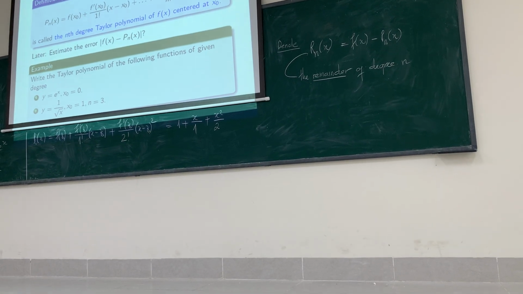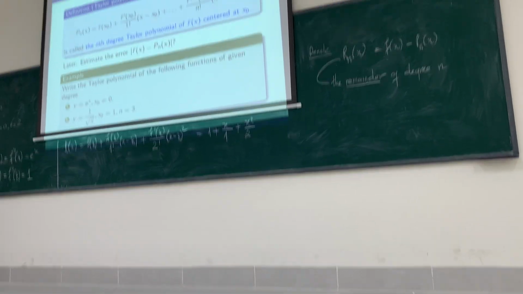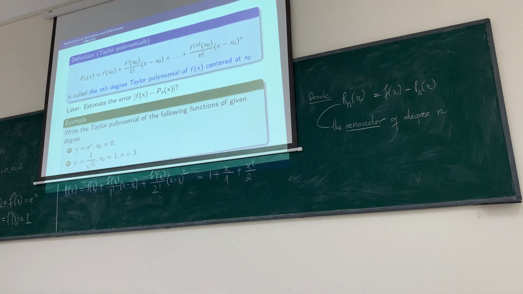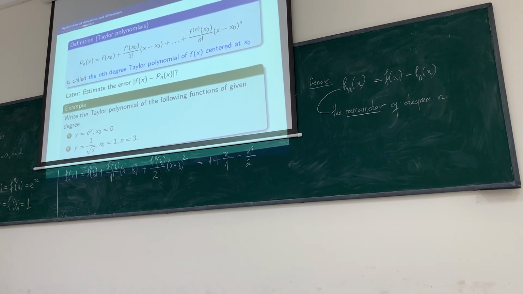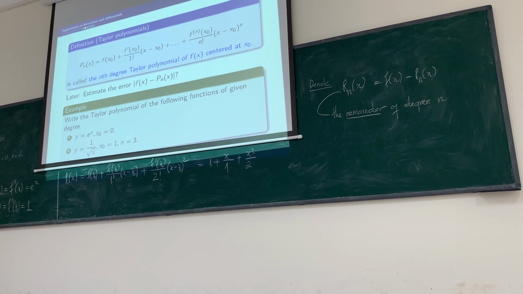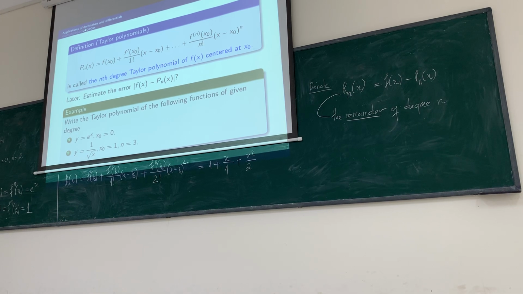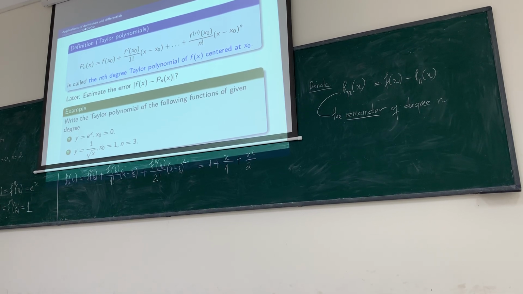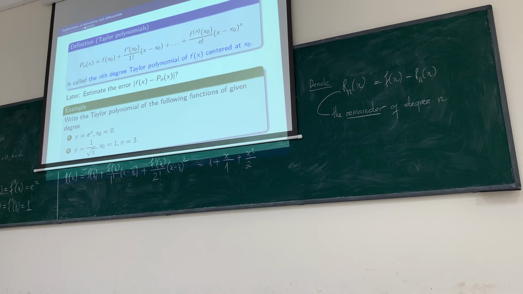The remainder of degree n expresses the difference between the function f and the Taylor polynomial. So the difference here is called the remainder of degree n.